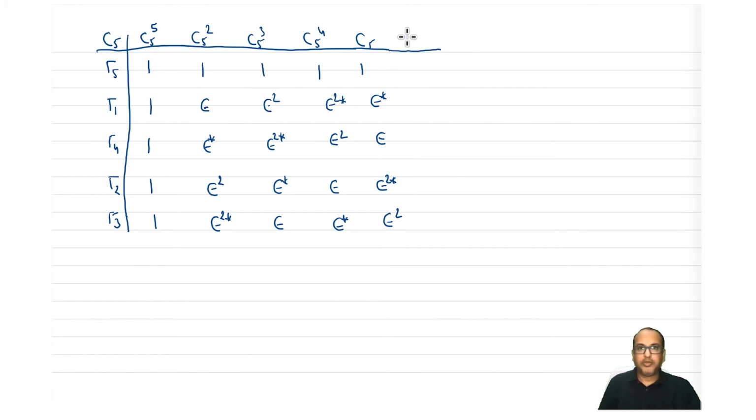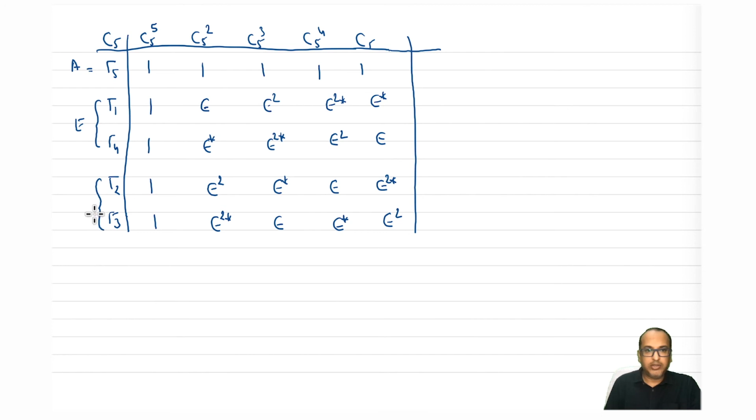Okay. So now if I want to give the Mulliken symbol, this will be A, right? Because this is a totally symmetric, one-dimensional representation. Now this will be E. This is a two-dimensional representation, and this will also be E, right? And how do I write it? I don't write curly brackets over here because I'm considering that both of them together, for all practical applications, we need to combine this because we can't deal with complex numbers in the practical sense, right?